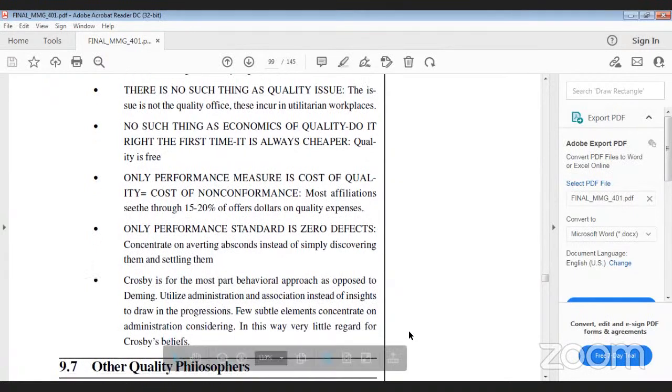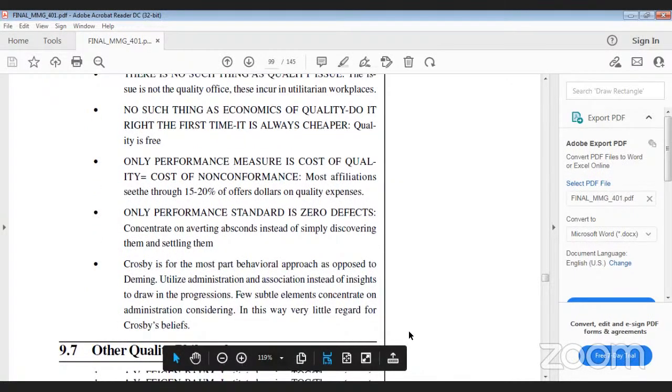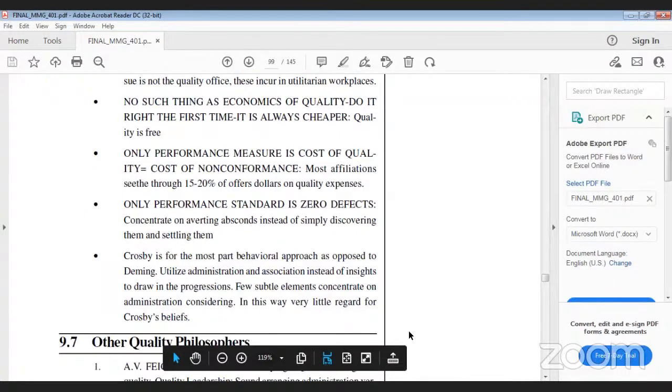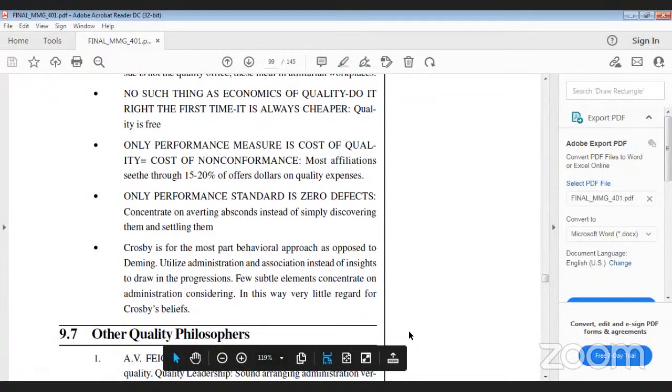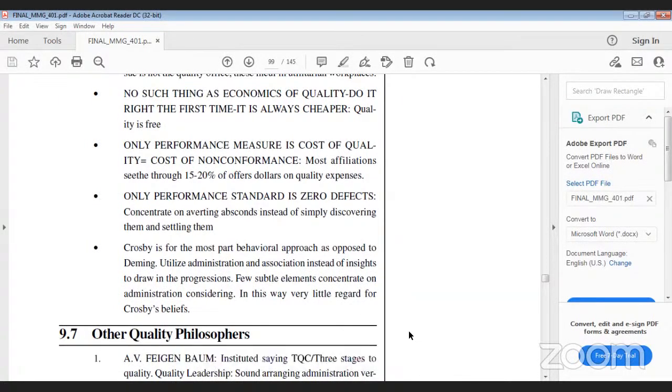Then fifth point is only performance standards show zero defects. Concentrate on averting absence instead of simply restoring them.